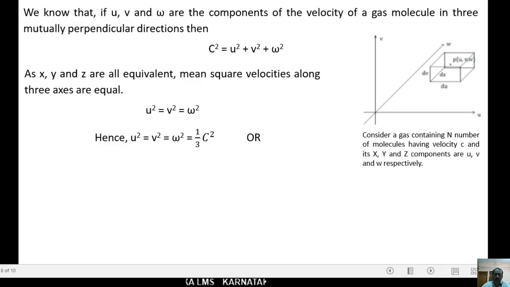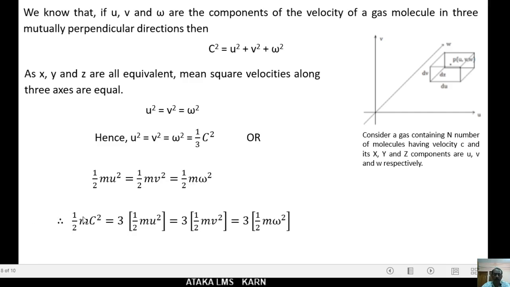Because 1/2 mc square is equal to 3/2 kT, therefore 1/2 mc square equals 3 into 1/2 mu square, which is also equal to 3 into 1/2 mv square, which is also equal to 3 into 1/2 mw square.